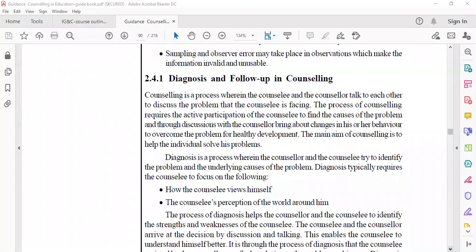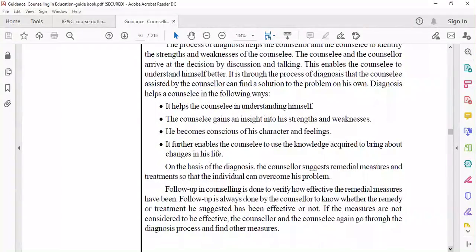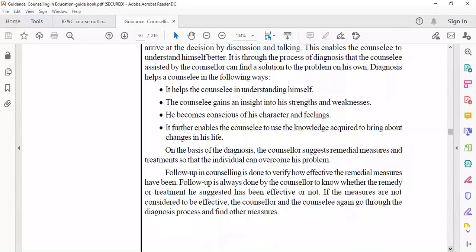Because follow-up is a very compulsory and important component when we are providing guidance and counseling to our students. Further, follow-up of information, or follow-up of the proposed solution, or follow-up of our students will help the counselee in understanding himself.